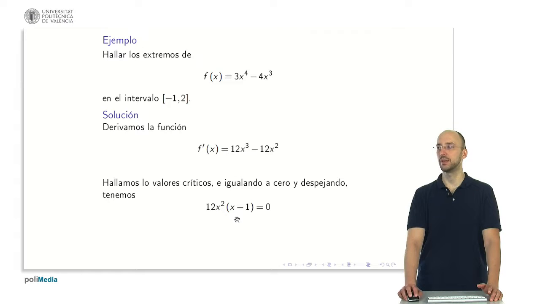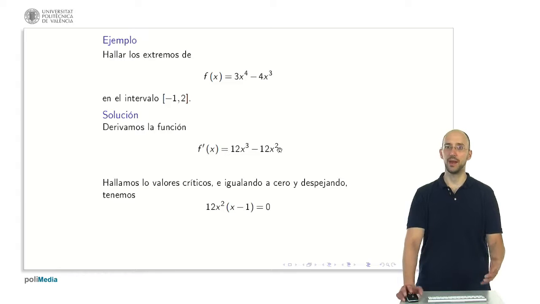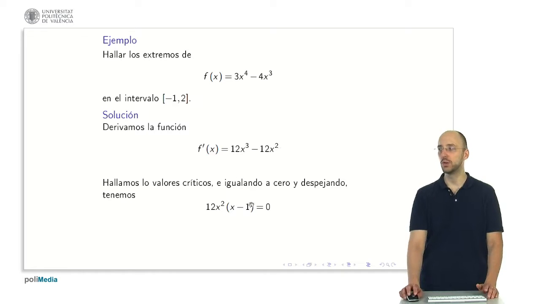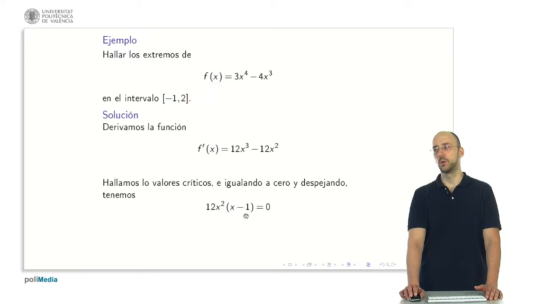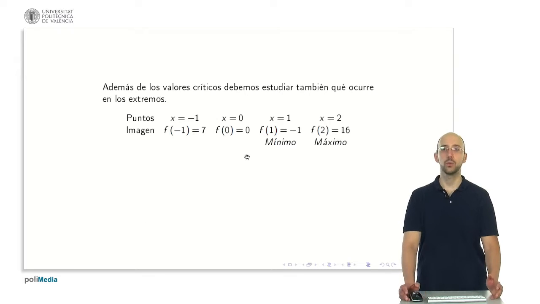What remains is x from the first term, and in the second term, there's a constant 1 left, which was multiplying everything. A product of two elements that equals 0 occurs when either the first element is 0 or the second element is 0. So, I have x equals 0 and x equals 1, where x equals 0 cancels out the first term, and x equals 1 cancels out the second term in the derivative. Therefore, we have two critical values.